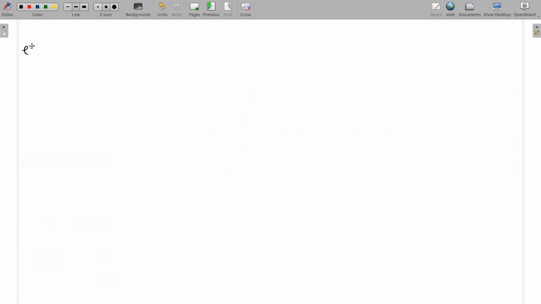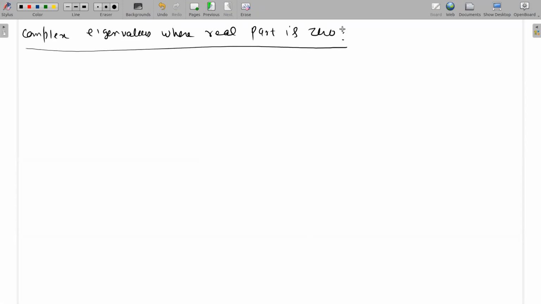So next example, last one, complex eigenvalue where real part is 0. So this is the very nice case. So solution won't have e power something, that will be e power 0, which is 1.